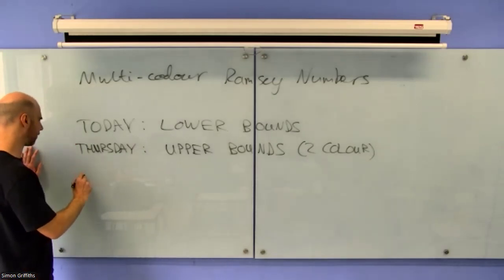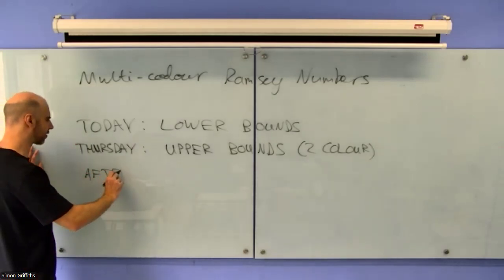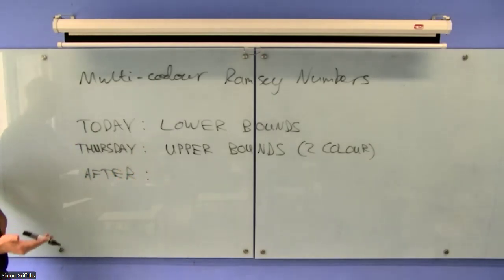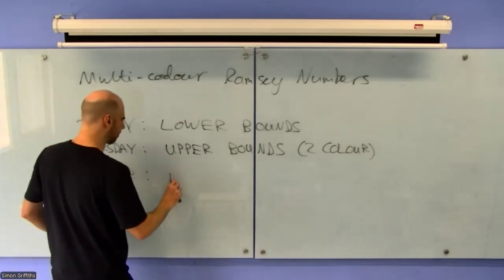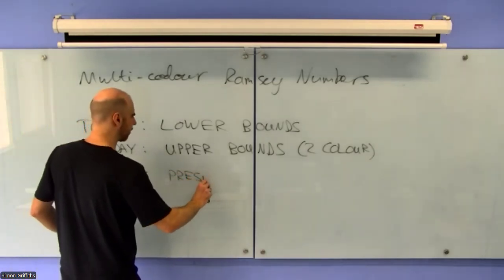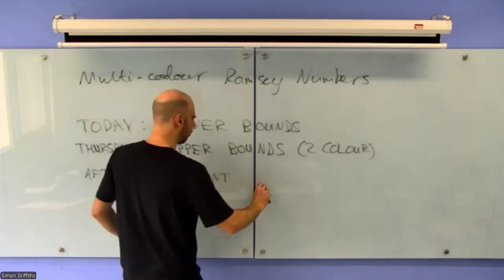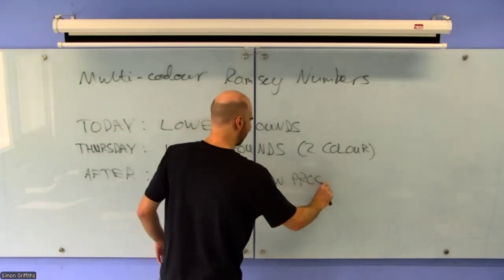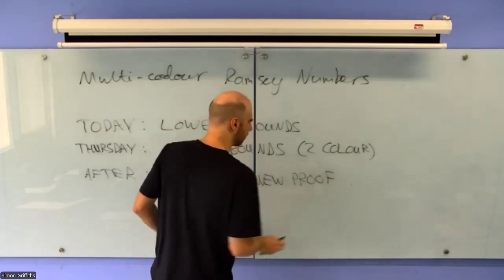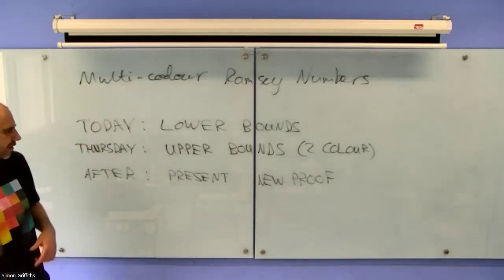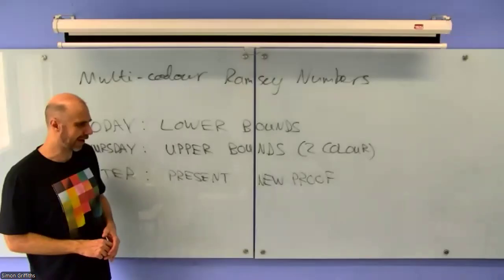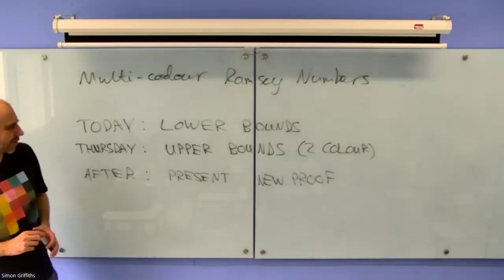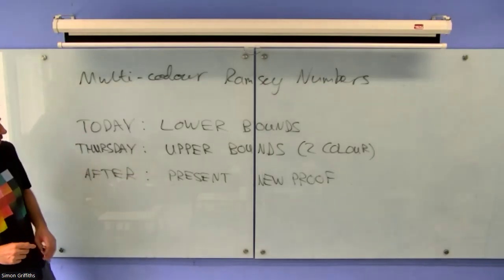And I don't know exactly how many classes there'll be afterwards, we'll see how we go, but basically in a week or two afterwards, we'll present the new upper bound, or new proof of the upper bound, which does generalize to more colors. This is the paper that went up with 8 authors. Don't worry, we name everybody when we get to it, but we will discuss this in the 2 weeks afterwards.